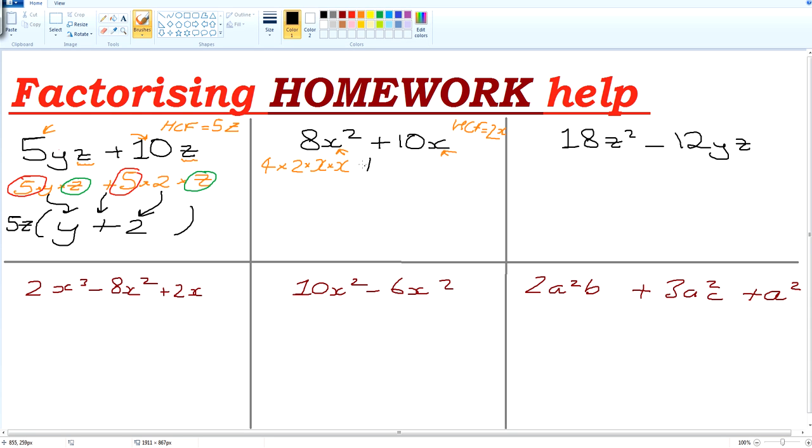Put the plus back in. So now 10 becomes what? 5 times 2 and then times the x. So we're looking for the highest common factor of 2x, and there it is. Here's the first one and here's the second one. We grab those and we bring them out.